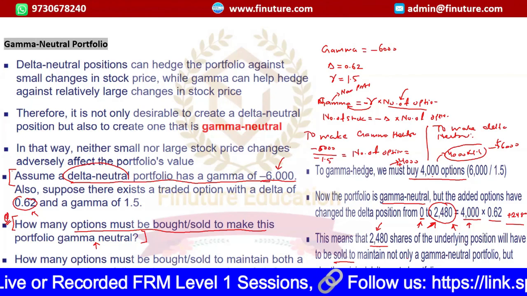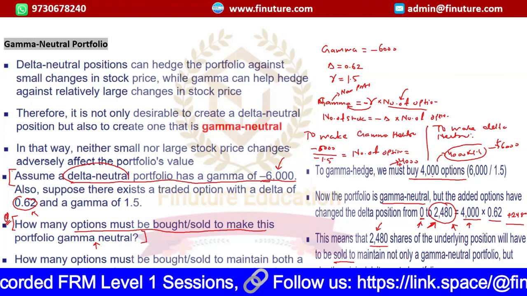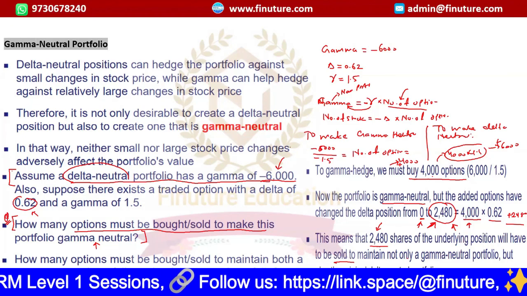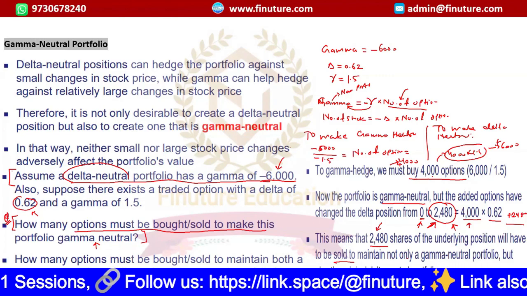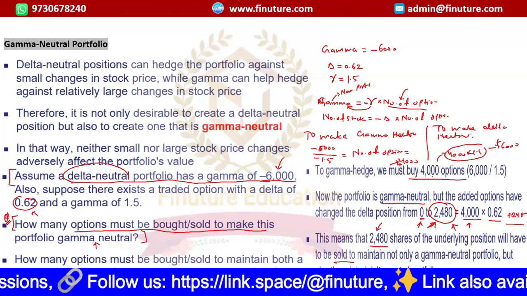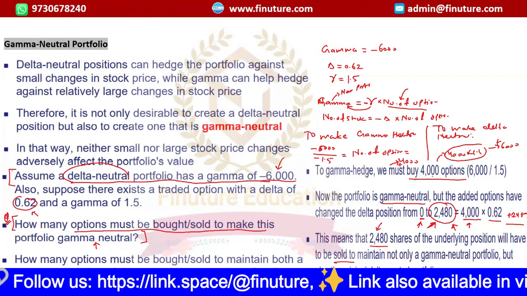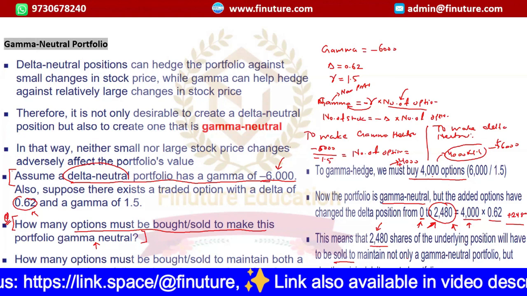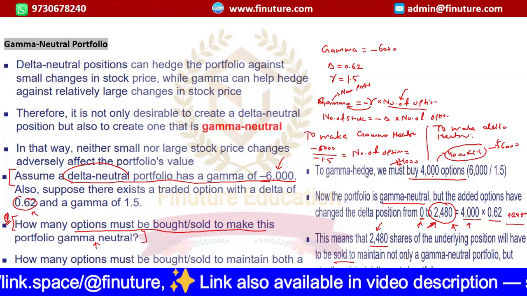To make your portfolio gamma neutral, you added new options. The addition of these options distorted your delta neutrality. To bring the delta back to zero, you will add some stocks along with options. That's the way to make your position delta and gamma neutral.